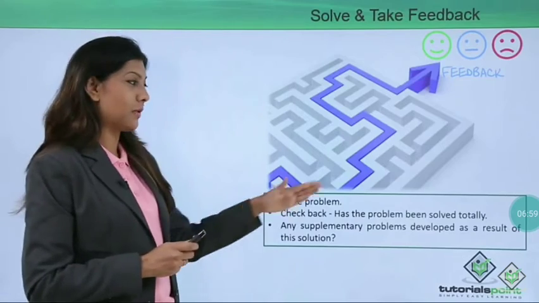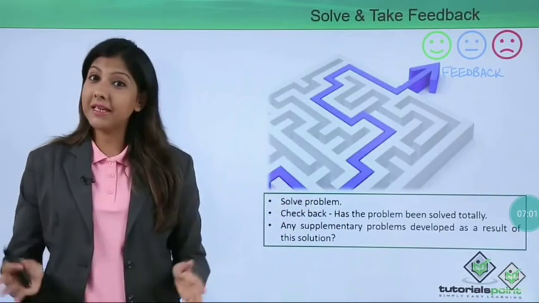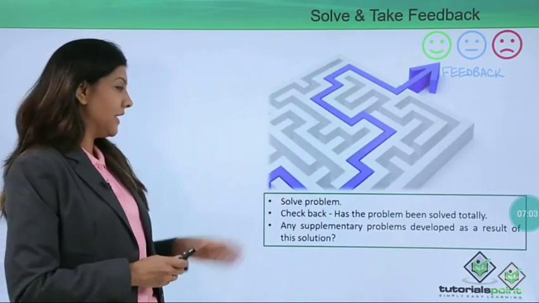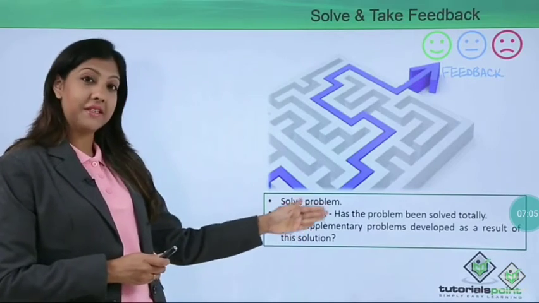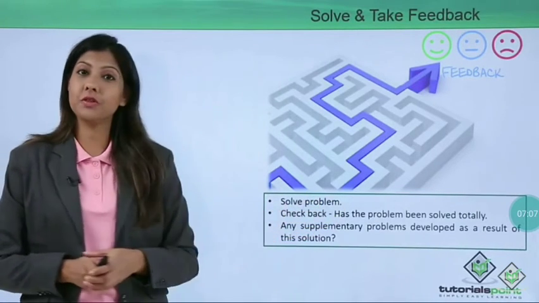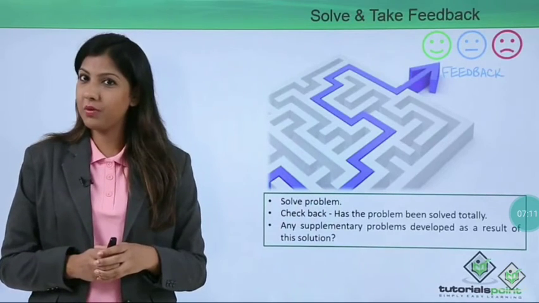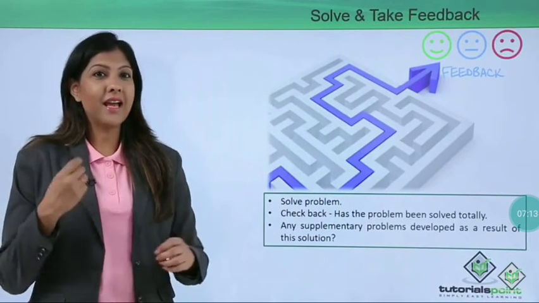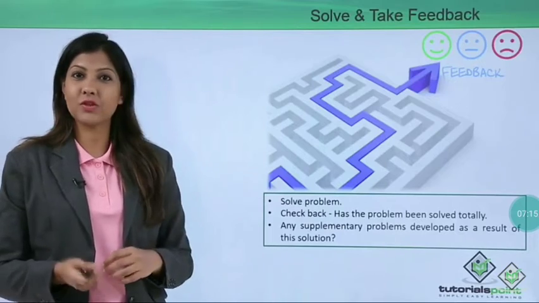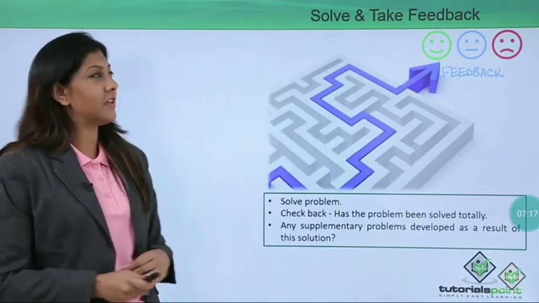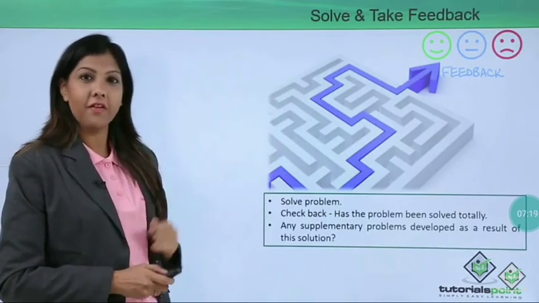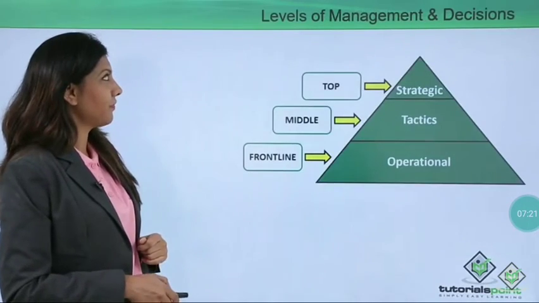So you need to ensure that the problem has been solved completely and from the root of it. Any supplementary problems developed as a result of this solution, so you need to also identify why you were solving this particular problem in your organization. Were there any other developmental things which have come up? And after identifying that only, you have to take the feedback of the people.